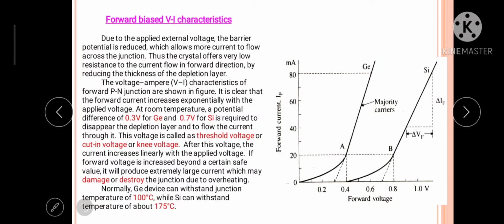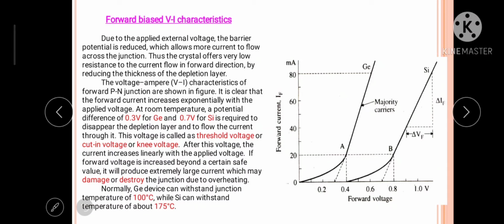From figure, it is clear that the forward current increases exponentially with the applied voltage. Exponentially means at beginning the rate of flow of current is less and finally it goes on high value.